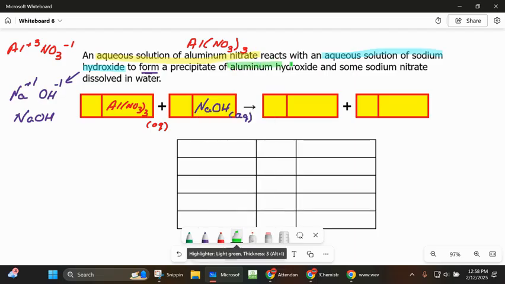Aluminum hydroxide, ladies and gentlemen. Okay, I need to write a formula now for aluminum hydroxide. What's my formula for aluminum hydroxide going to look like here? Jalen, help me out. Al.